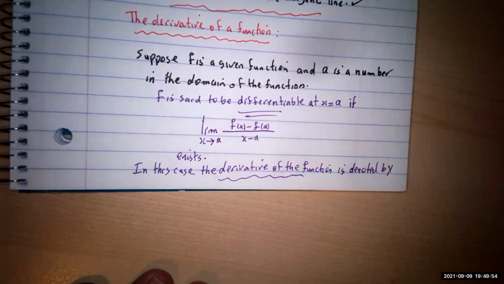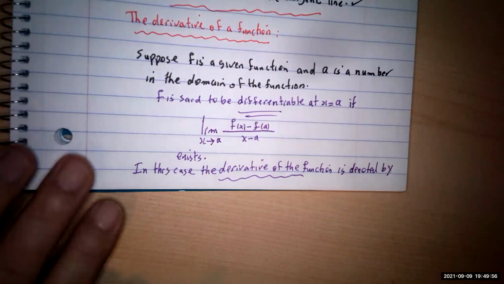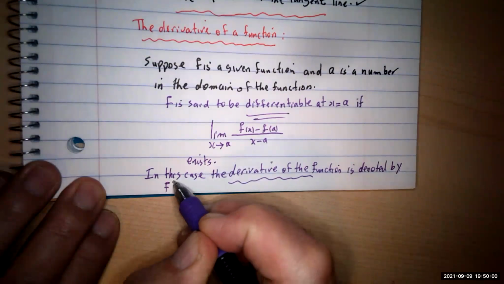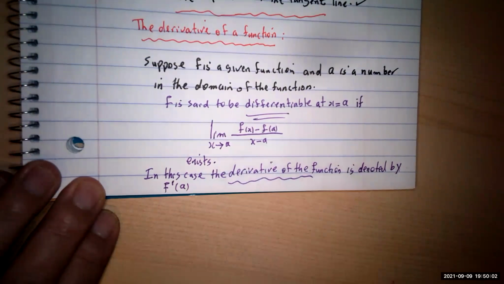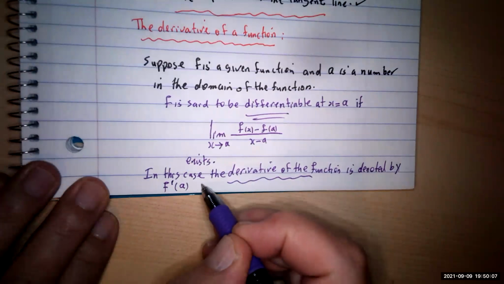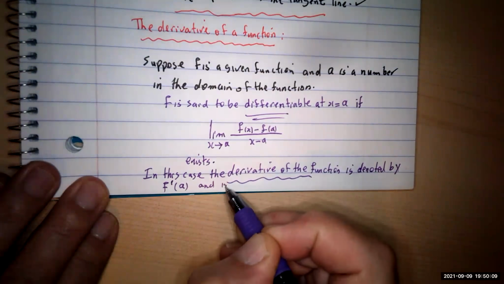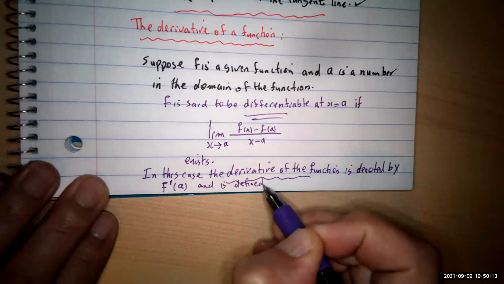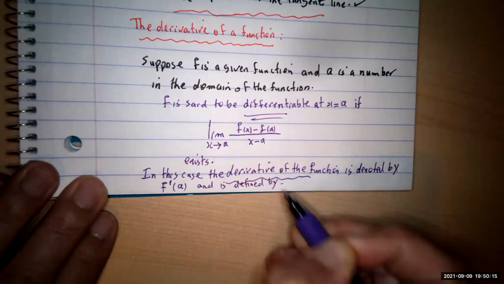Are you done? I have to go to the next page. It's going to be denoted by f prime of a, and is defined by this limit.